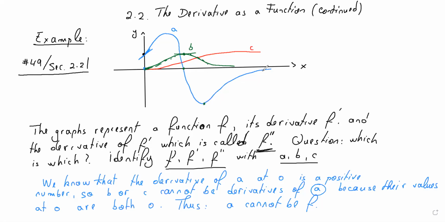So it looks very probable that the derivative of B is C. I'll write that with green: the derivative of B is A. So we can say that.